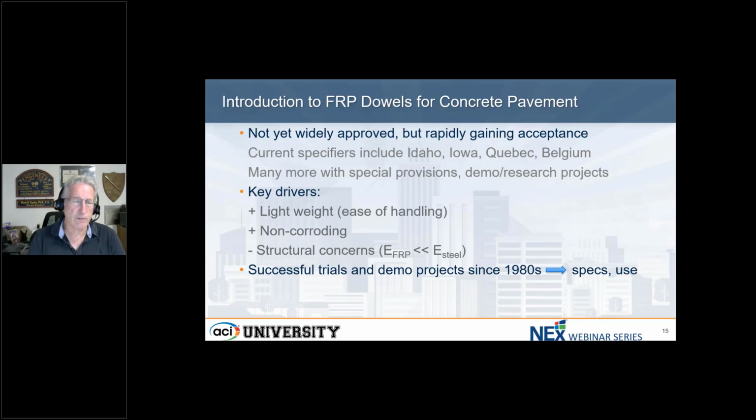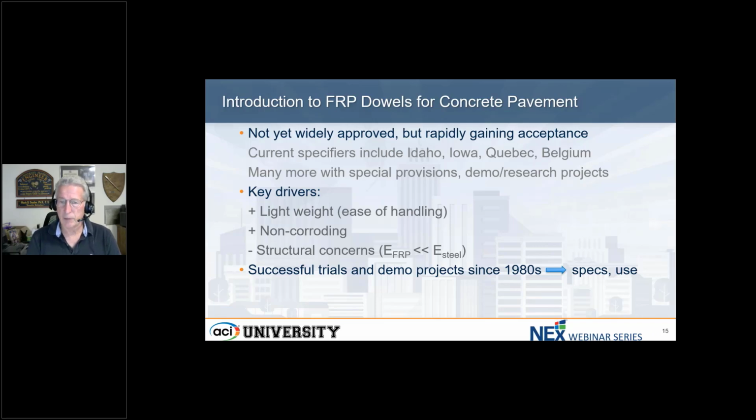The key drivers, I think, for the rapid acceptance and move to adopt are the lightweight ease of handling of these dowels, and the fact that they are non-corroding. It's not like you've got a barrier where you're trying to protect something, you've made something corrosion resistant. FRP simply is not corrodable, it's non-corroding, right? A driver working in the opposite direction, prohibiting adoption, is the fact that FRP elastic modulus, the stiffness of the material, is far less than that of steel.